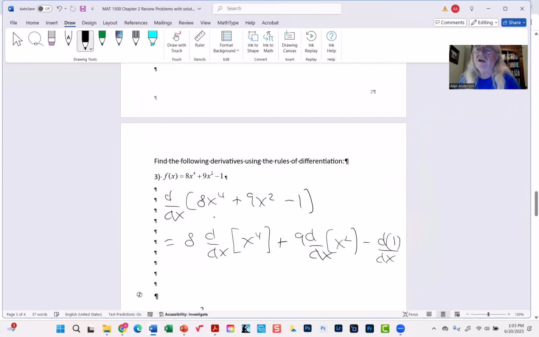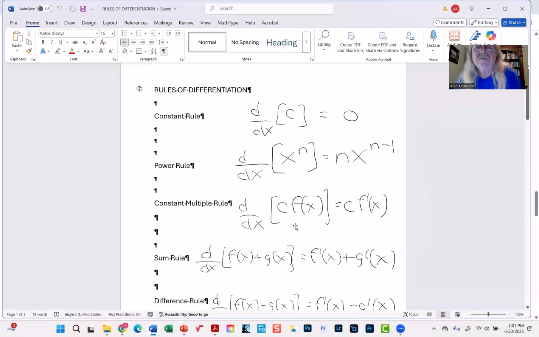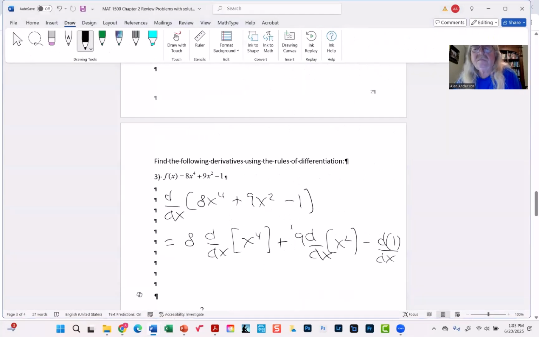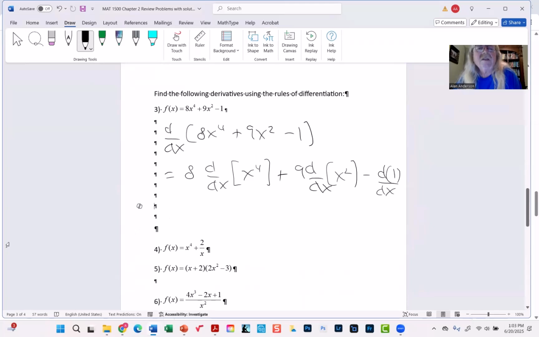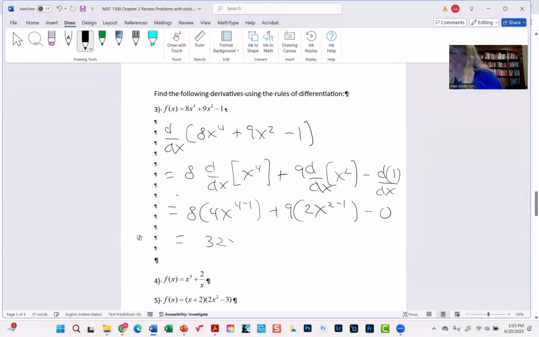Remember, the derivative of a constant, that's our actually first rule on this list, is just 0. So I'm going to wind up with 8 times 4x to the 4 minus 1 plus 9, 2x to the 2 minus 1 minus 0. And we're done.